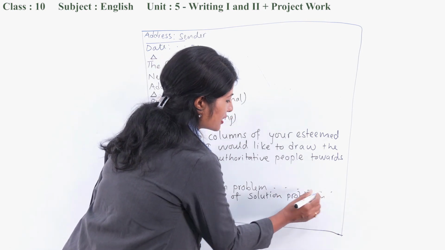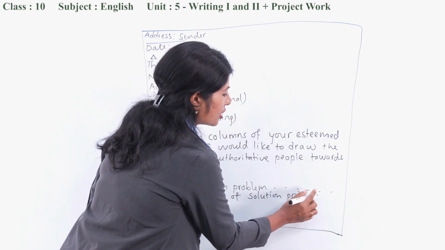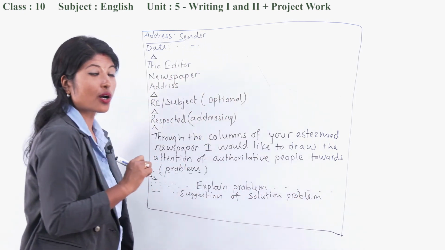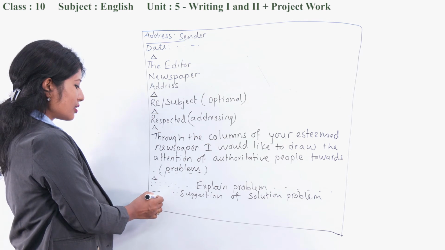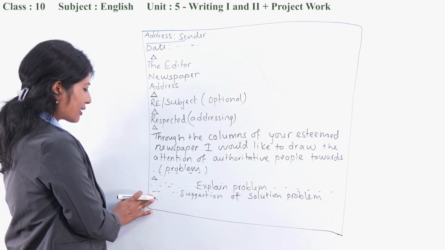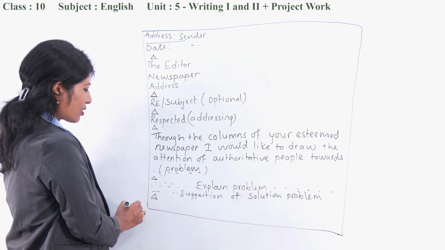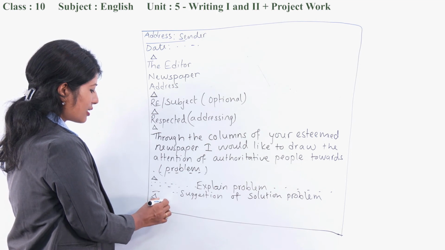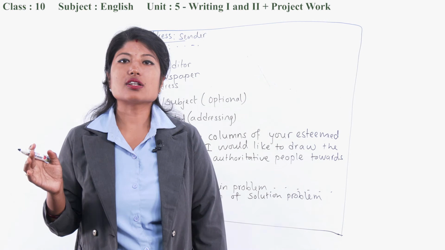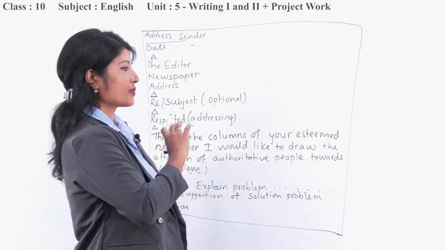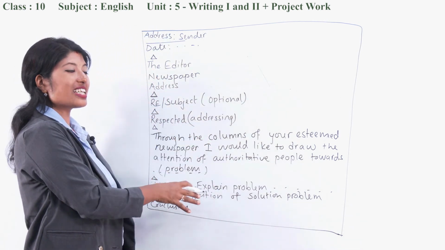You can even give suggestions to solve that problem. And finally, conclusion, leave one line again, then the conclusion is there. So what is the conclusion? Conclusion, how you can solve the problem, you have to restate.